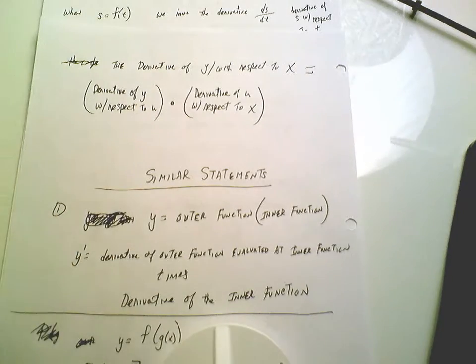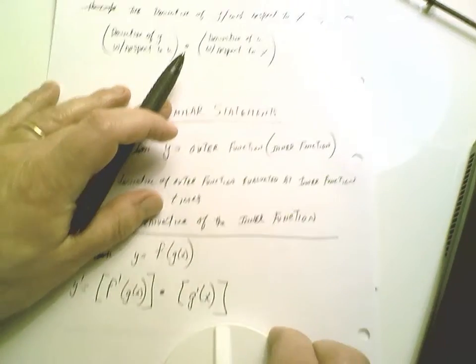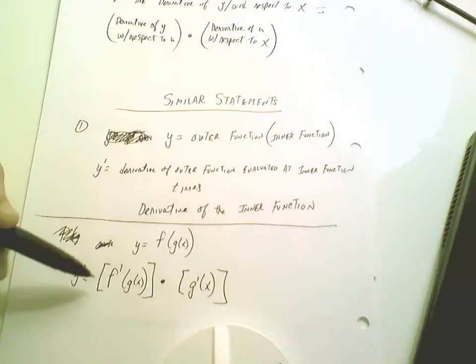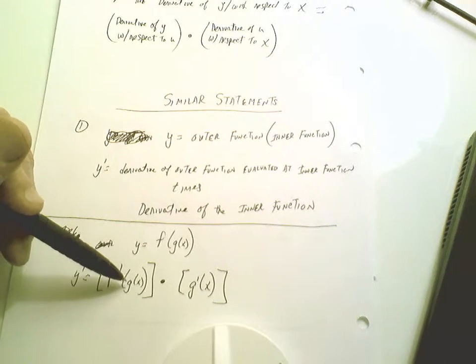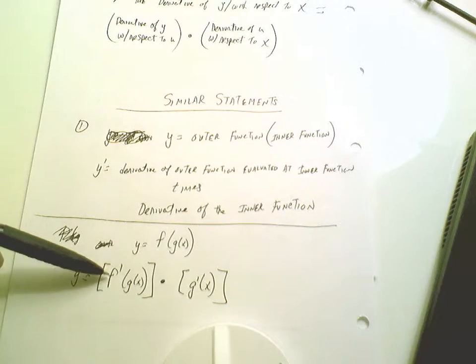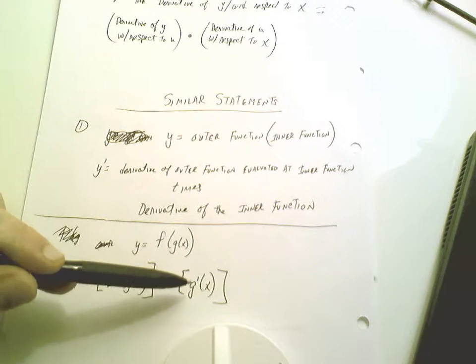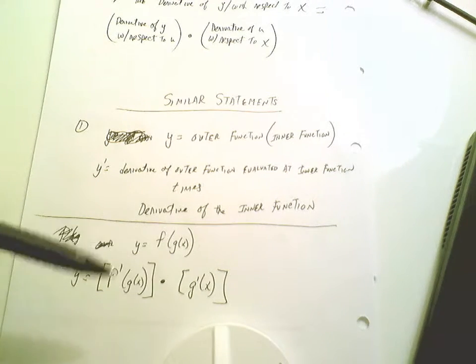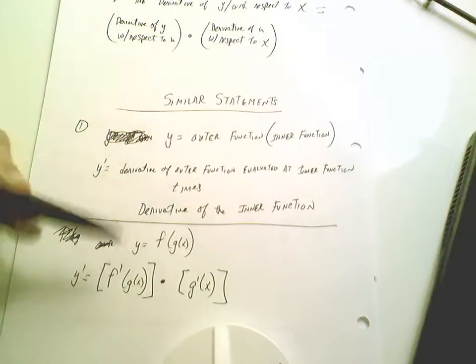Another way to write it, if y equals f of g of x, we can say y prime is equal to f prime, the derivative of that outer function, evaluated at g of x. That's what we're saying, right? The derivative of f evaluated at g of x times what? The derivative of g evaluated at x. And there are going to be different forms, different ways you see it in the book.